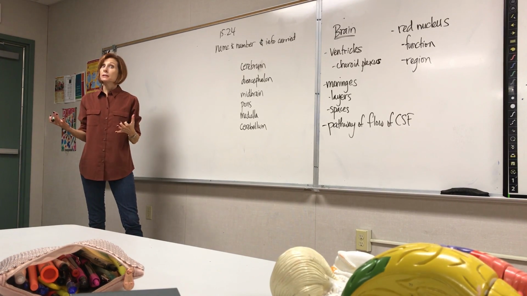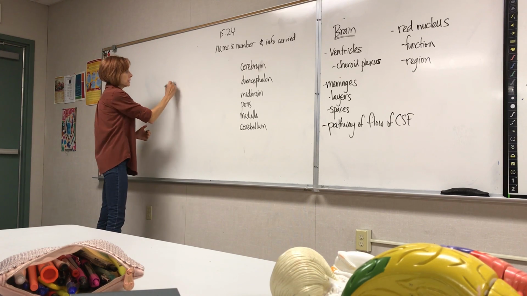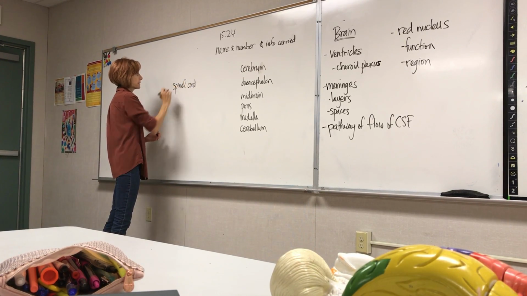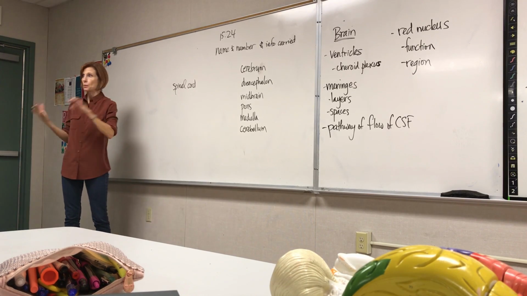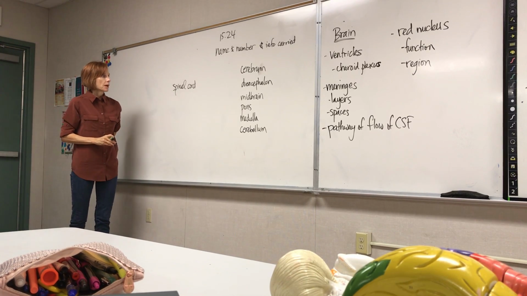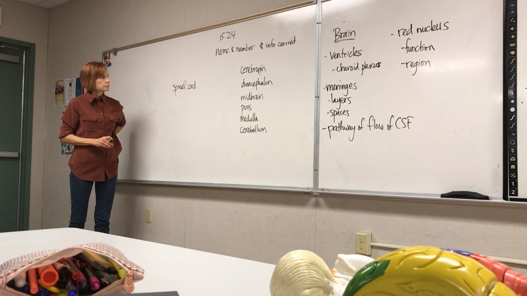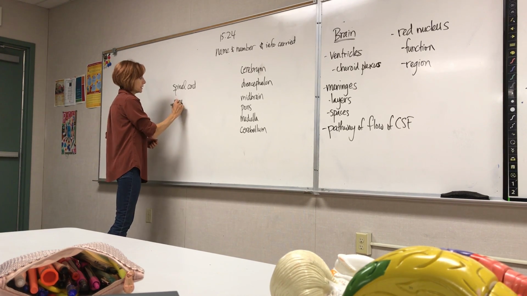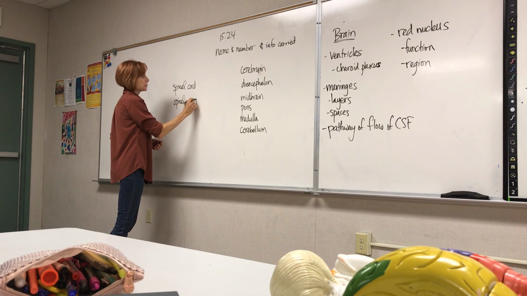Okay, so when we talked about the spinal cord, you should know the different parts of the spinal cord, okay, the different parts of the gray matter, the white matter. Spinal nerves. This is something I think is actually really helpful.